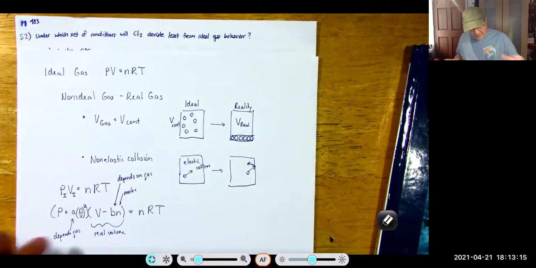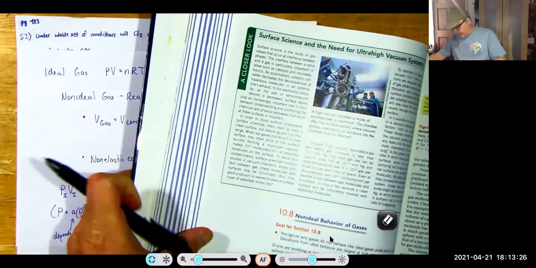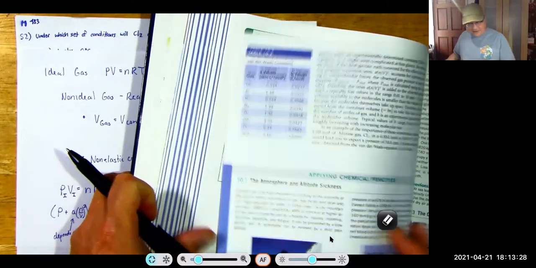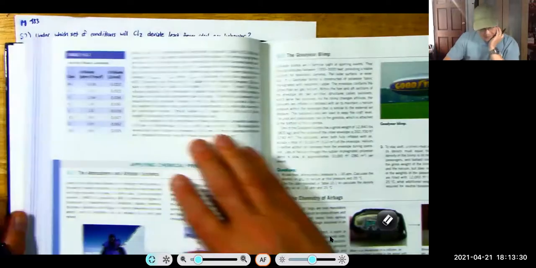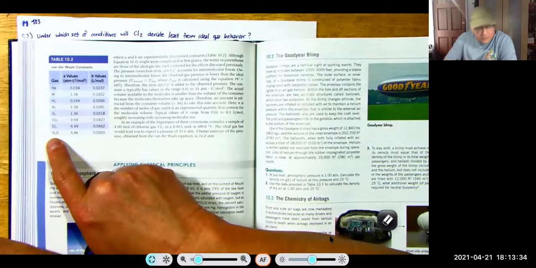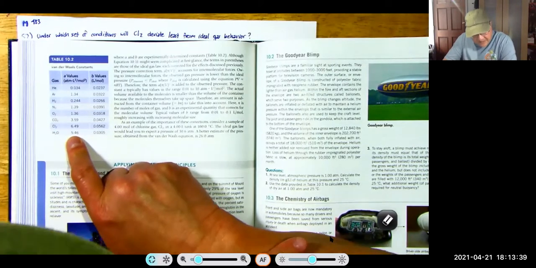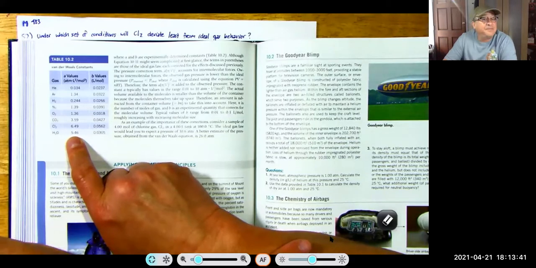So this is kind of the extra pressure we add to the molecules. And here, A is basically the stickiness factor of a gas. If we take a look at some values for A and for B, you can see what they look like here in the book. For instance, H2O is a polar molecule, and therefore it sticks to other polar molecules very well, so it's got a very high A value.